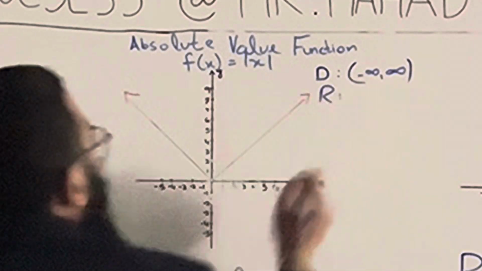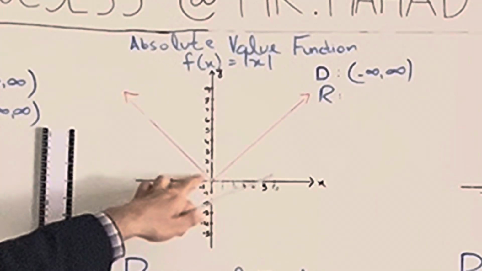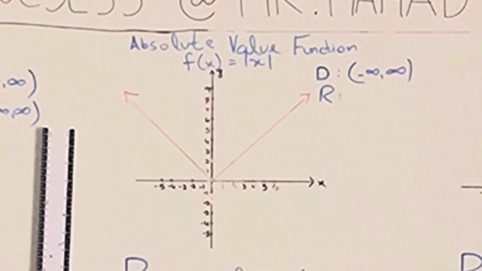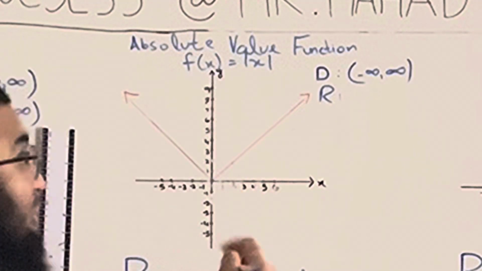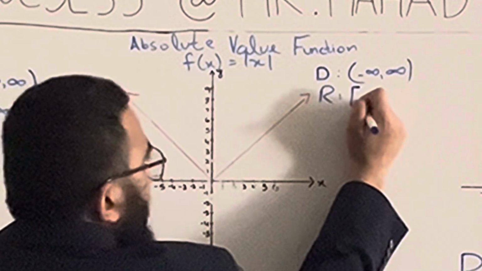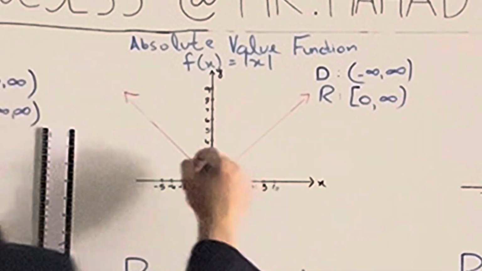Now for the range, here's the thing: the y value will never be negative. Hence, I can say that the range begins from 0, including 0. Therefore, I'm going to make a square bracket including 0, all the way to positive infinity.